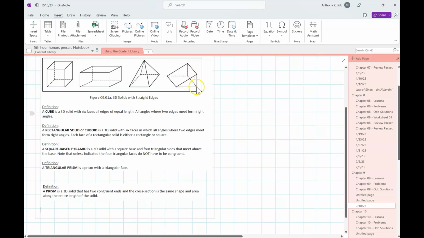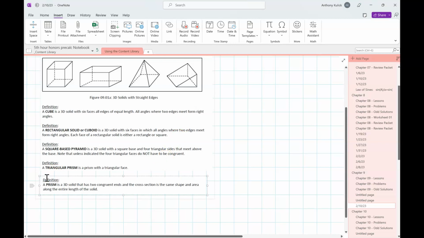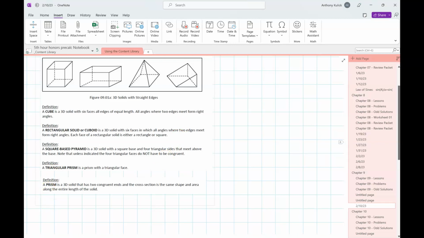So whether these bases are squares or pentagons or some convoluted polygon, as long as they're parallel to one another and the thing has a uniform cross section all the way through, we just call that a prism, regardless of how many sides the base has. Everybody's okay with that?